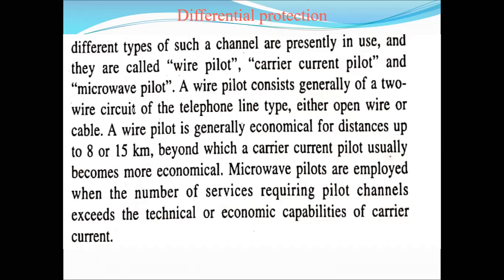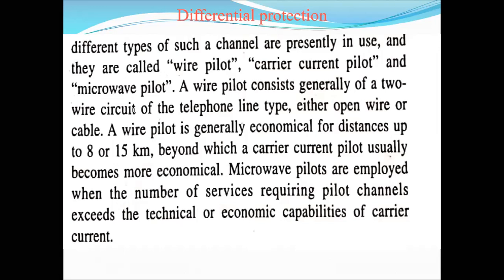Only in the case of distributors are we using different types of tappings. The feeder lines are very long, so the differential pilot wire protection is not suitable for feeder protection.